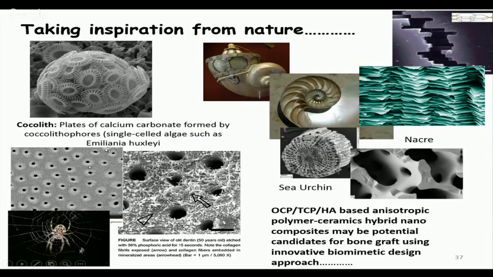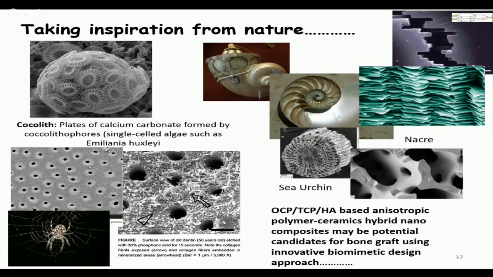Similarly, there is another material which is spider web, right? Spider web. I think, as you said, this is the strongest material on earth. Why is it? Because its feature size is much finer.